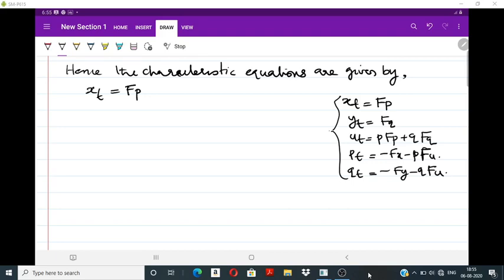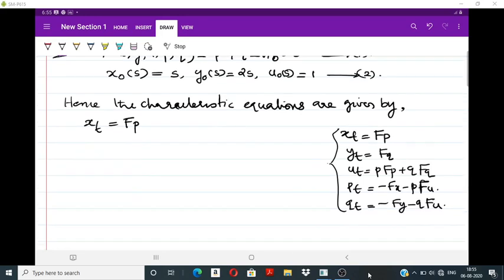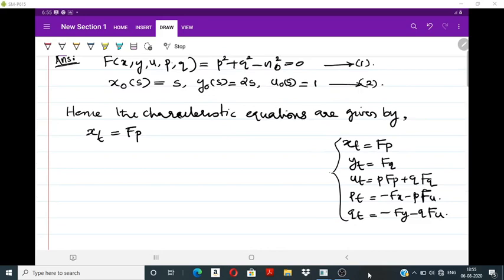So from the equation, f is p square plus q square minus n naught square. From the expression of f, it is independent of x, y, and u. So f x, f y, and f u will be 0. So from 1, we can write this as x t equal to f p.